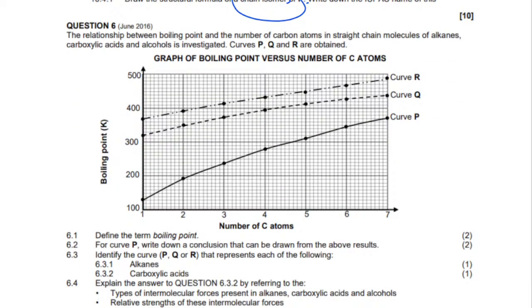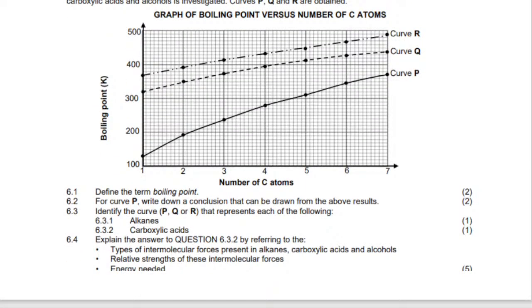This one is also about the boiling point and vapor pressure, but it requires you to explain the intermolecular forces of attraction. At least you need to explain the intermolecular forces of attraction. So what is boiling point?